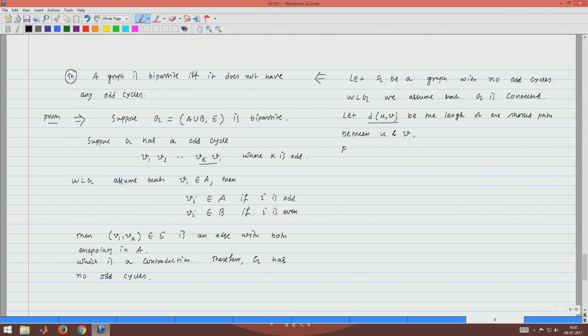Now, you pick any arbitrary vertex u belonging to V, and define the following.